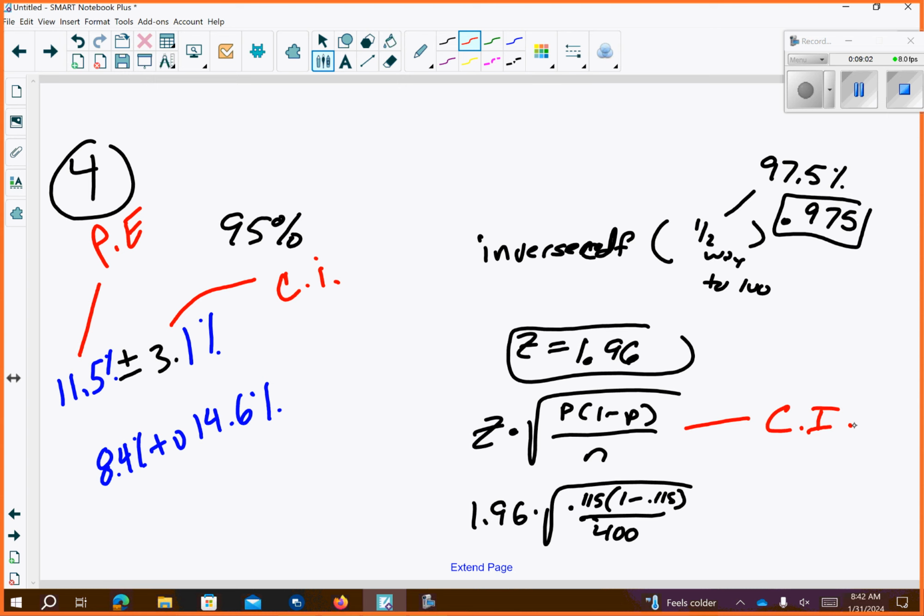We're 95% confident that if we test another 400 people, they will fall between 8.4% to 14.6%.